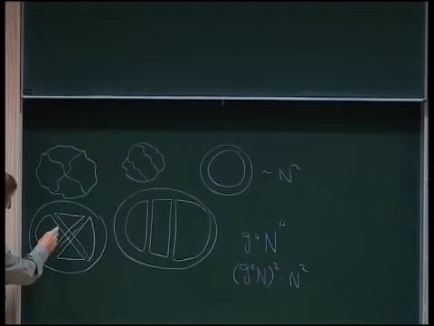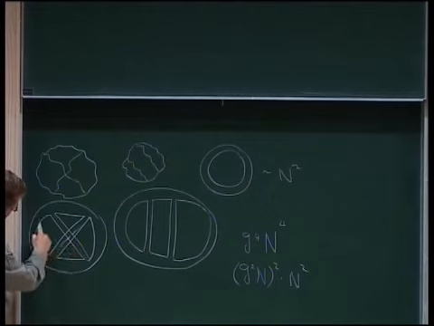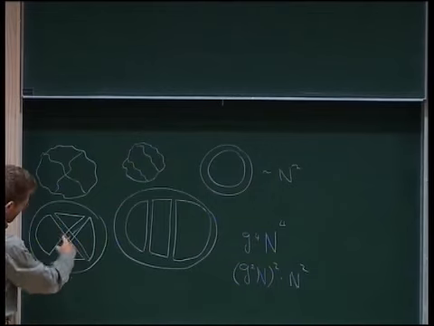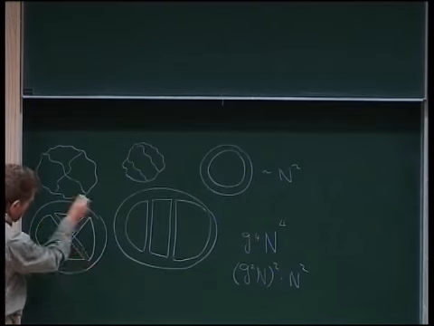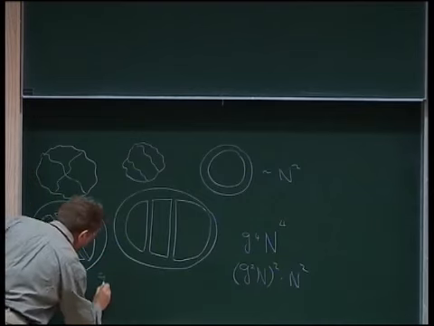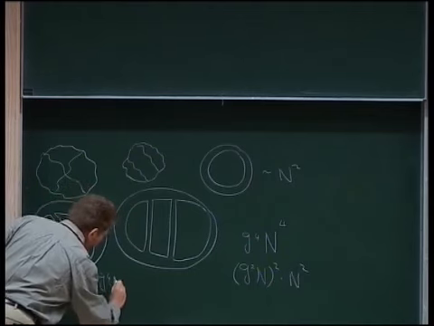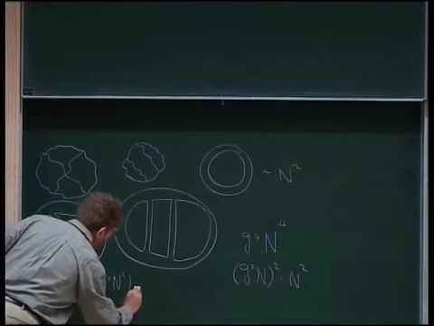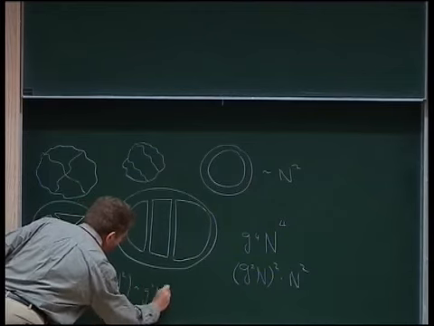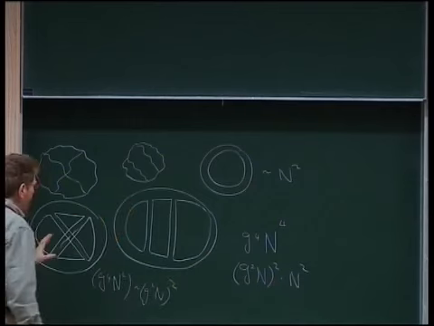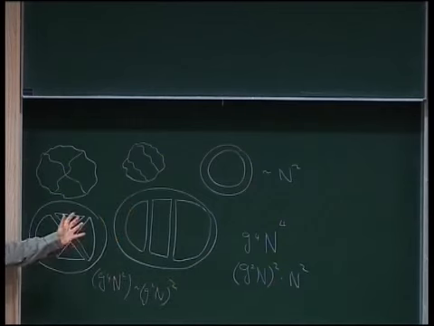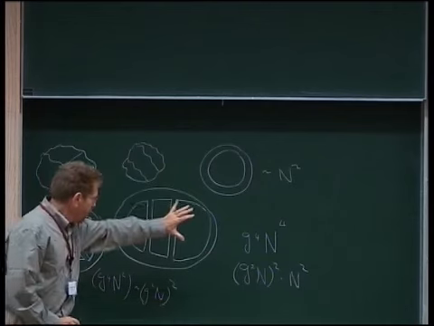This is a non-planar diagram, and if you look, there's a single loop here that I've drawn. It's a continuous loop, and it's g to the fourth. But now you only have this n from here and n from here, so there are two n's. And so it's down by n squared from this. So these non-planar diagrams are down by n squared from these.